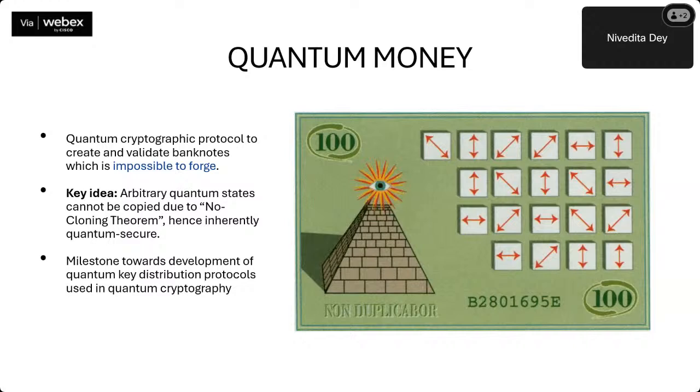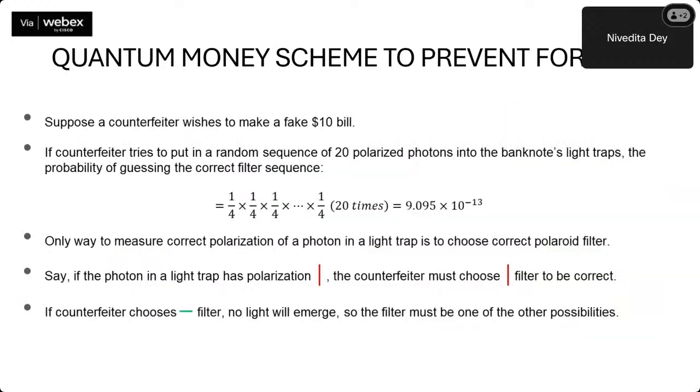Third one, a milestone towards the development of QKD protocols used in quantum cryptography relies on the same concept of quantum money. We'll see that. So the quantum money scheme to prevent forgery: suppose a counterfeiter wishes to make a fake $10 bill.